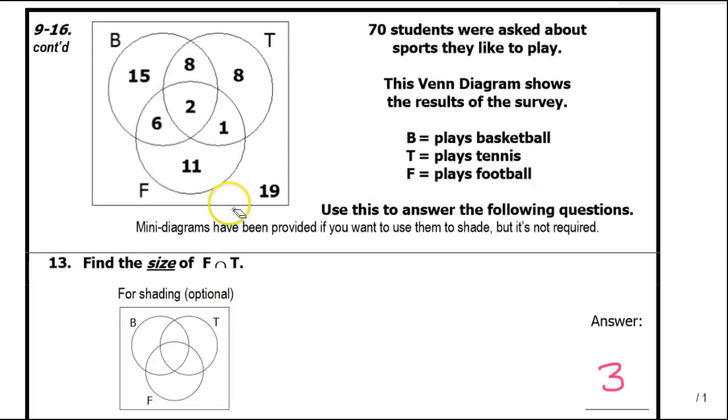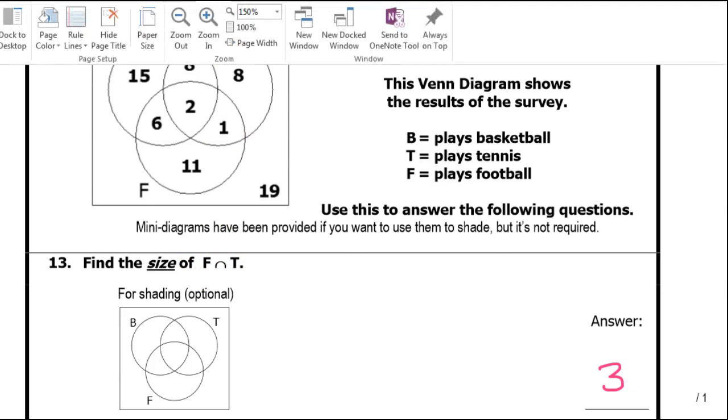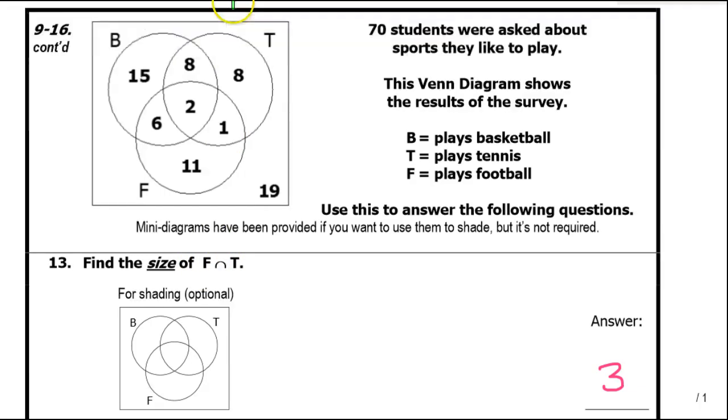So if I look at it that way, F and T. I could look at it as, all right, I'm going to start with F. So if I start with F, that's going to be this and this and this and this. All right, that's F. But and is less.